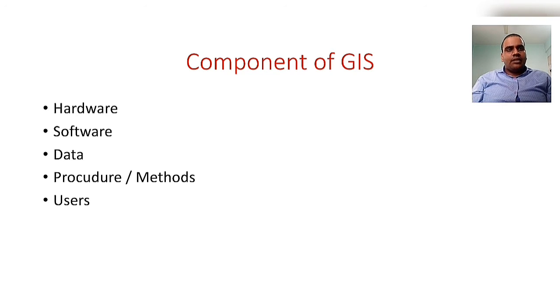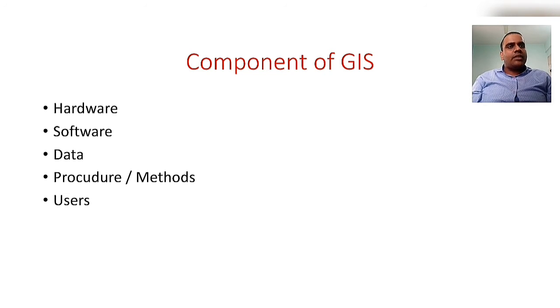These objects are referred to as the hardware of GIS. For running and analyzing on the GIS platform, there is a need of a computer system, and in that there is a requirement of this hardware.